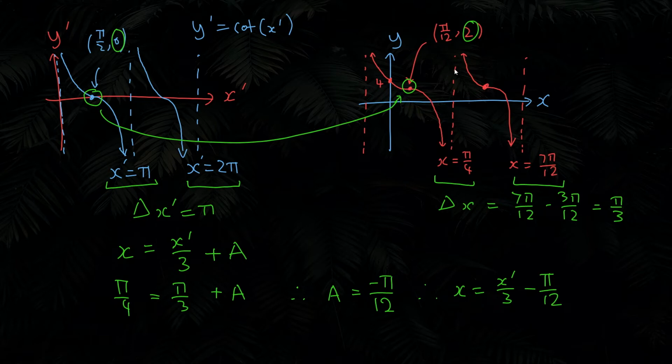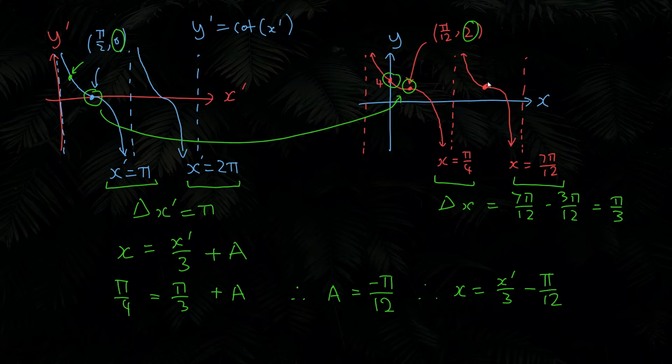But to actually get the dilation factor, we really wanted another pair of points that we can do this kind of analysis with. And the problem is, this point that we're given here, we don't really know what the y value is over here. Like, we just don't know the coordinates of the point on the left that's supposed to map to it.